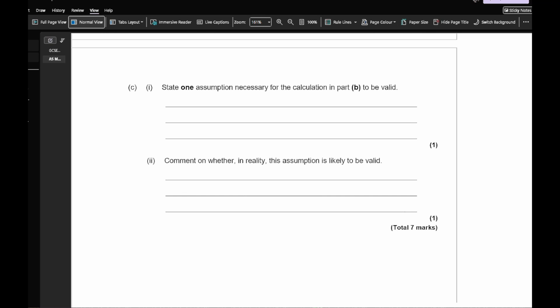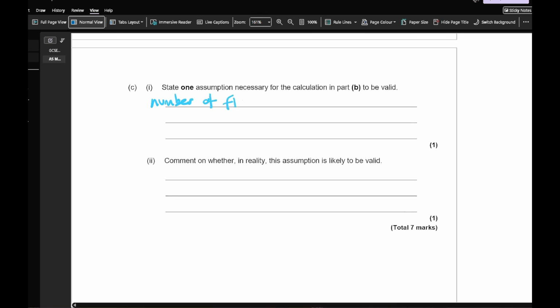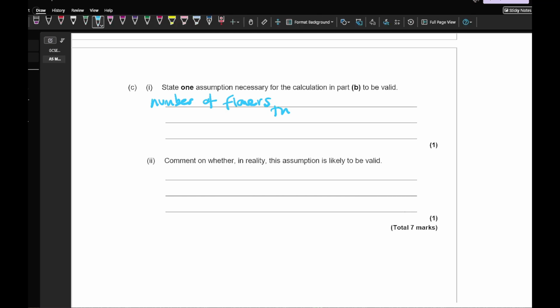For this one, I would say that the number of flowers that can grow on a plant. And again, one of the most common answers for these is always that it's independent.